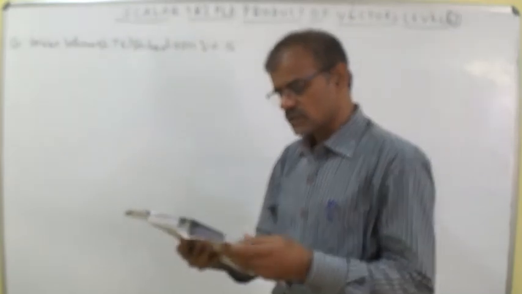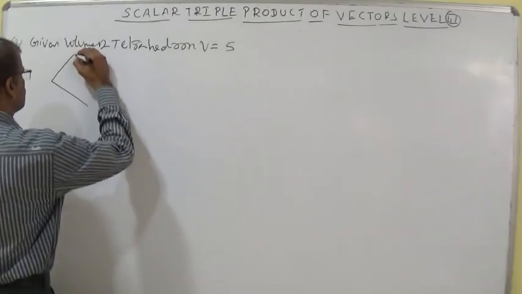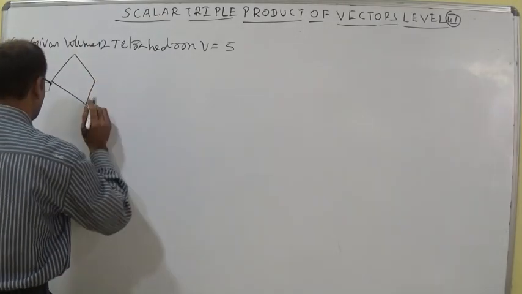The fourth vertex D lies on the y-axis. A total of 4 vertices are there in the tetrahedron.